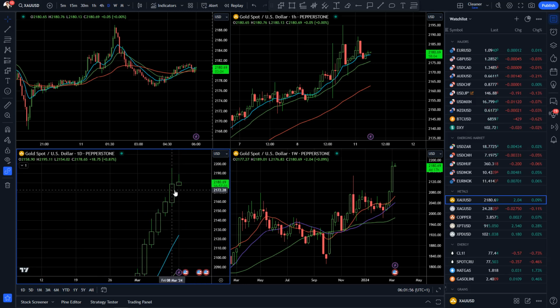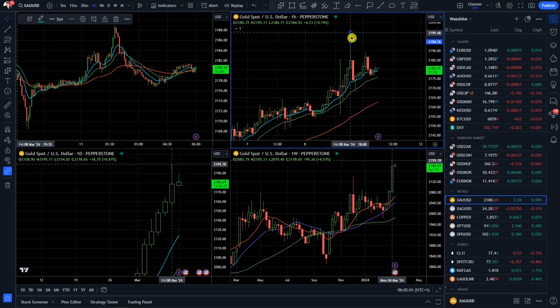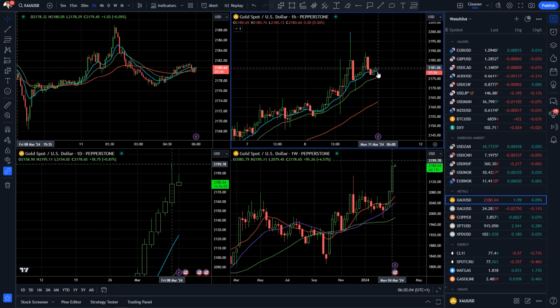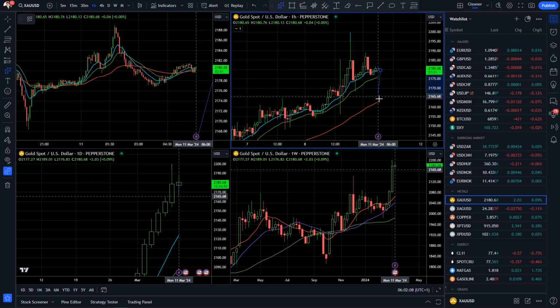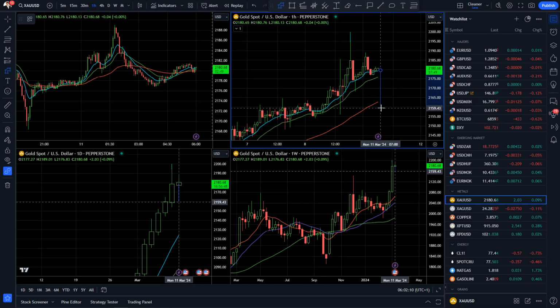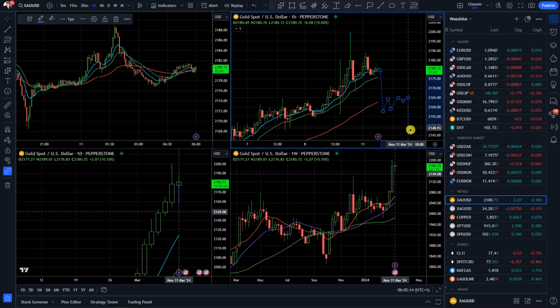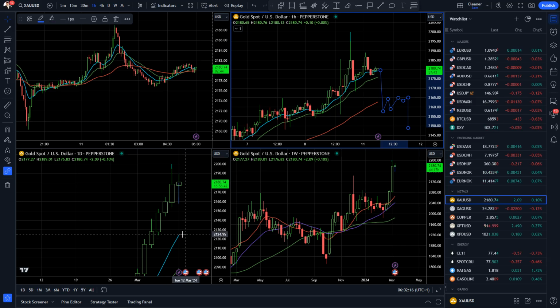This was a close well off the high, so a close in the middle. On the hourly time frame, we also see some pin bars. I still don't see confirmation of this weakness, but if the market clears this area and trades below 2160 or so, then there will be a chance for a bigger correction on the daily towards the rising 10-day moving average.